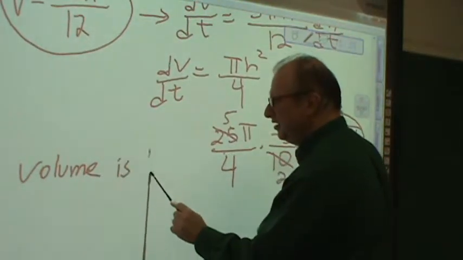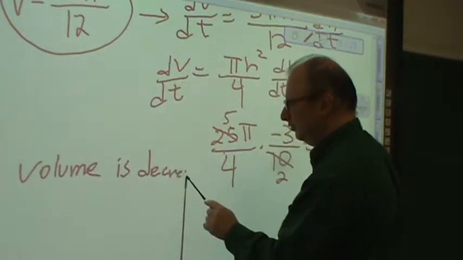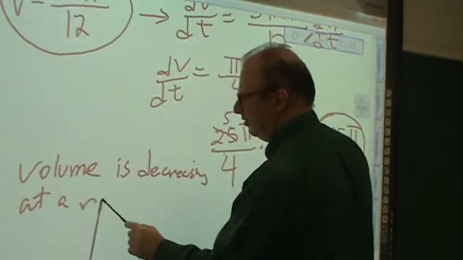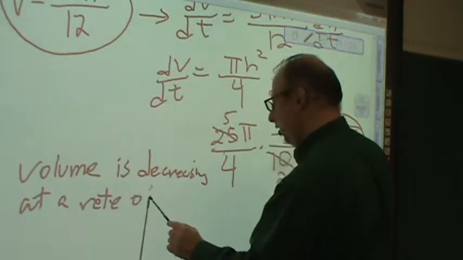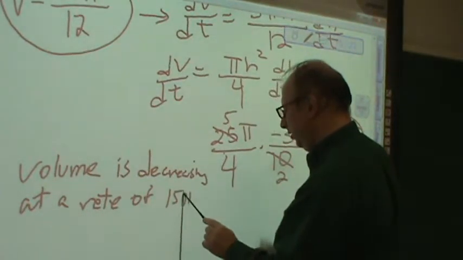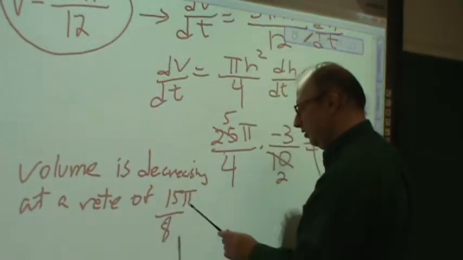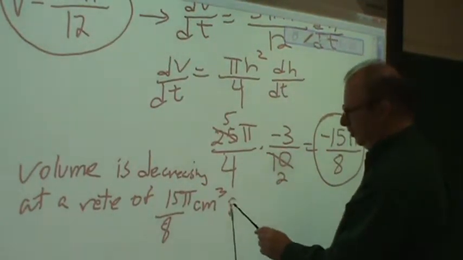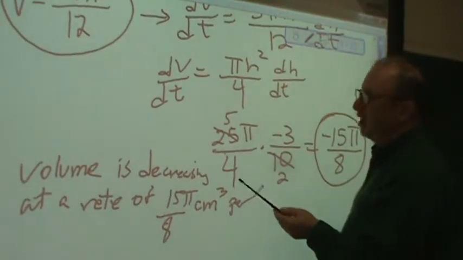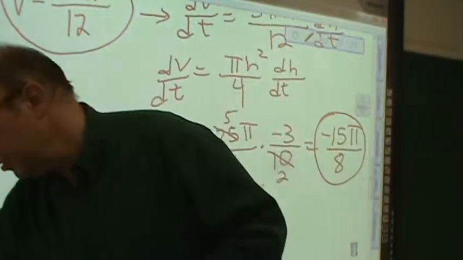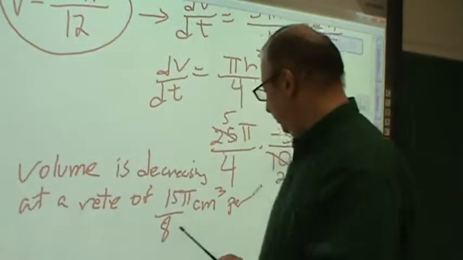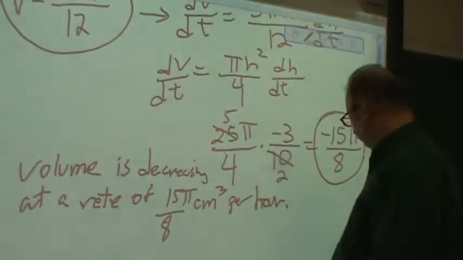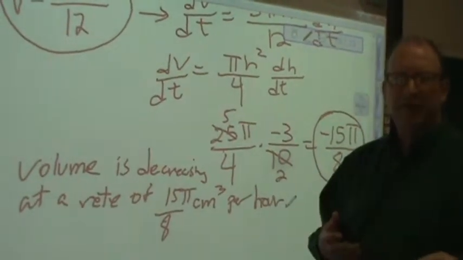Volume is decreasing at a rate of 15 pi over 8 centimeters cubed per minute, hour, whatever it is. In this case, per hour. And that's it. Now we're finished with that part.